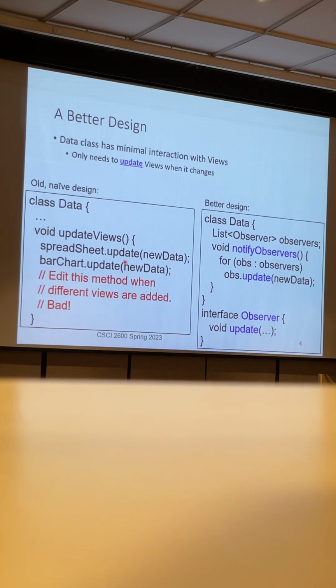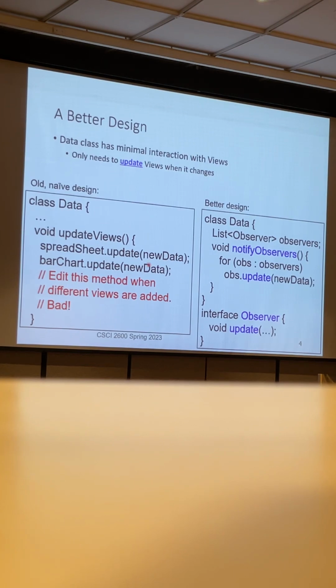Right, so here's what would be a better design that would minimize the interactions between the data, the model, and the views. In our naive initial design, we would have update views that would update if data changes.